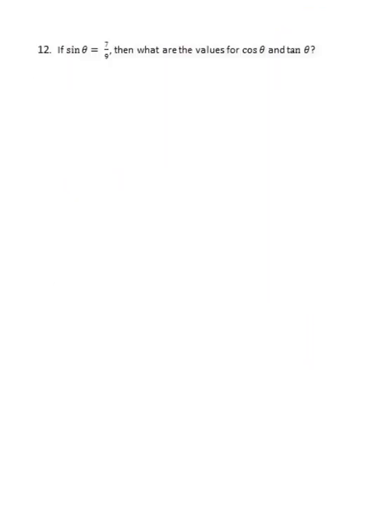So if sine of theta is equal to 7 over 9, then what are the values for cosine of theta and tangent of theta? So again, you can use the Pythagorean theorem in order to find the other values. I'm going to use the Pythagorean identity in order to do this.